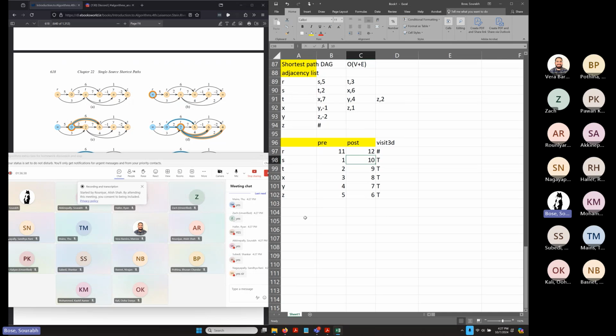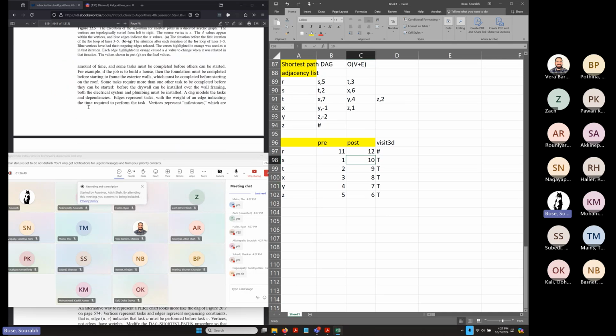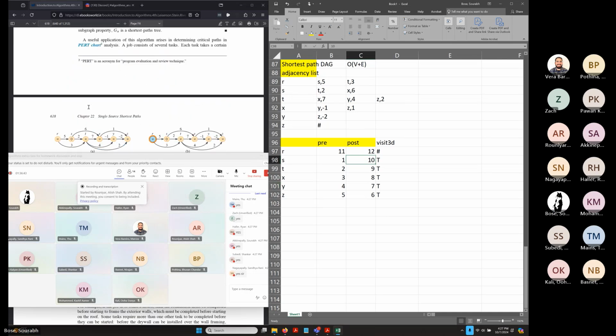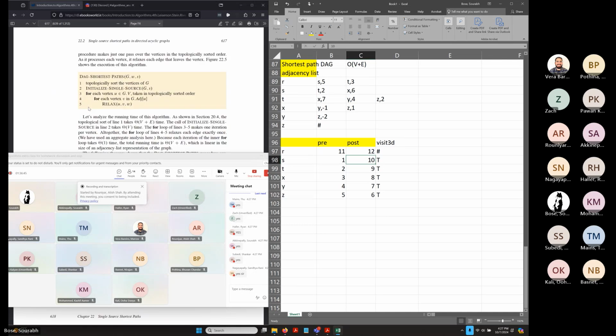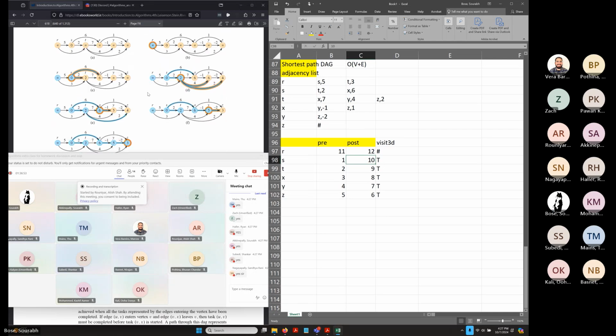Now, what does it say? Well, where is the algorithm? For each vertex taken in topologically sorted order, starting from the largest post visit number, that is for R, and going towards the smallest post visit number, which is the sink.